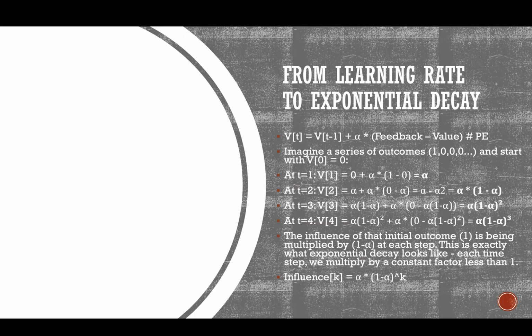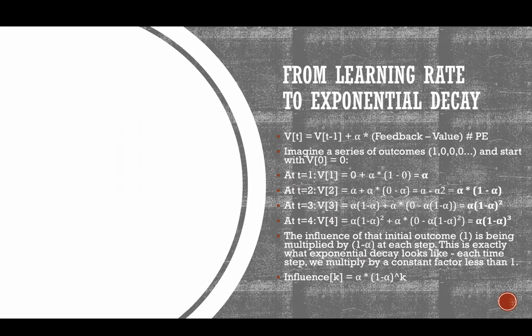So alpha times 0 is 0, and alpha times minus alpha is minus alpha squared. The exponent went away when I copied and pasted. So the expected value of playing 0 at time 2 is alpha minus alpha squared, which, if you extract an alpha, becomes alpha times 1 minus alpha. Does it make sense?